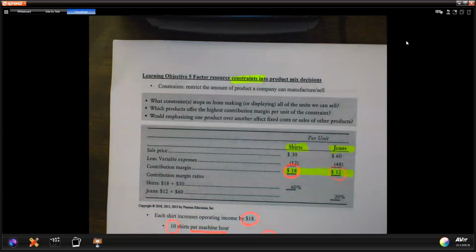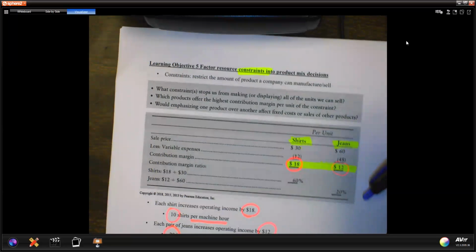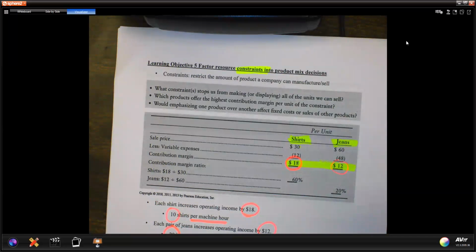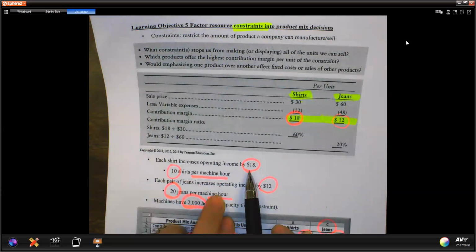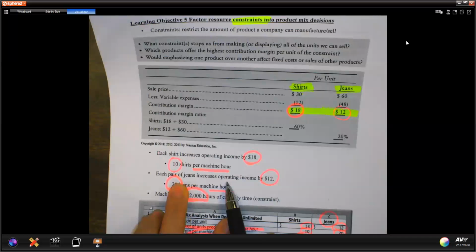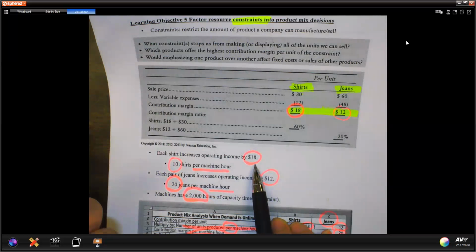Okay, so next one we talk about with the constraint. Straightforward, right? For the teachers, each one gives you contribution margin 18, and for the gents, it gives you contribution margin 12. So we thought, hey, we should just make t-shirts.